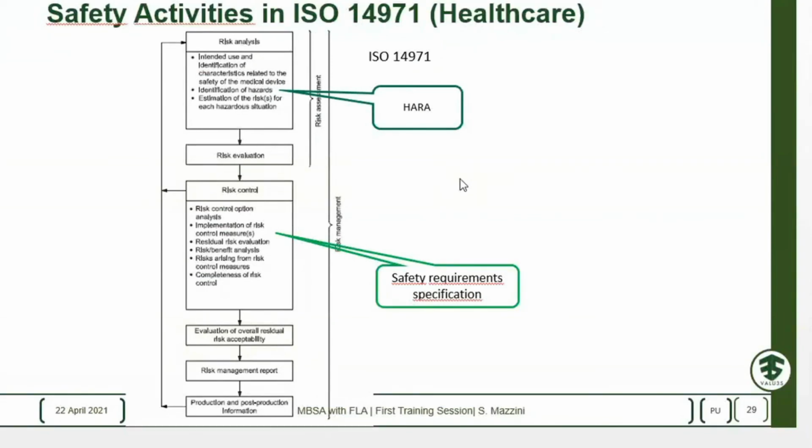And also we plan to apply this methodology also for healthcare, and again the applicable standard is ISO 14971, and again there is our analysis in which the methodology can be applied.